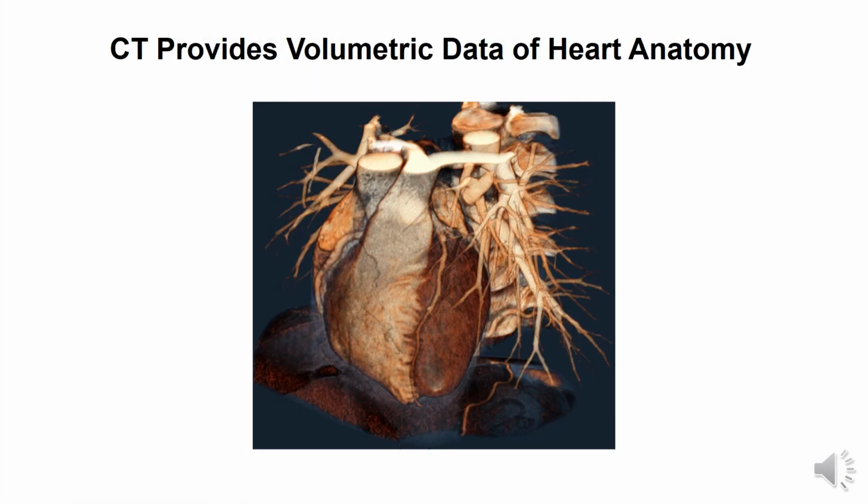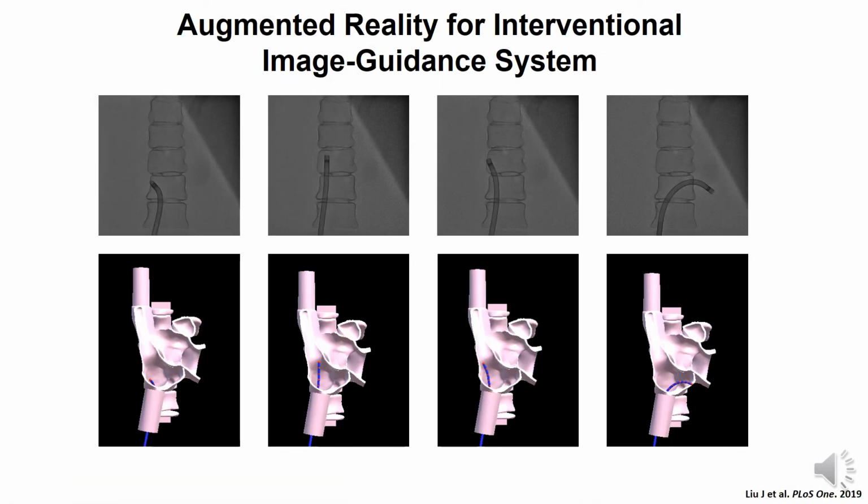One of the advantages of CT imaging is that it provides three-dimensional volumetric imaging of the heart and surrounding structures, especially when contrast is used with opacification of cardiovascular structures. So deep learning has been used to co-register fluoroscopic images as well as CT scans that are typically obtained before an intervention is performed.